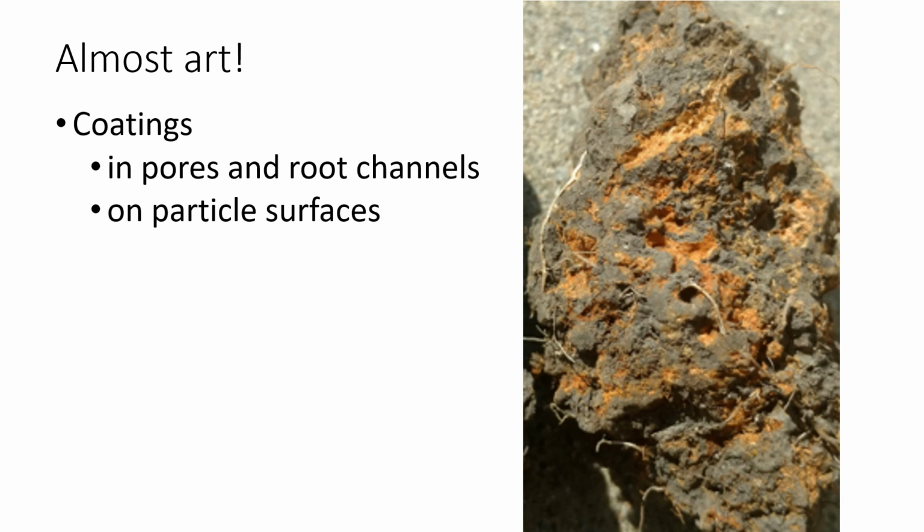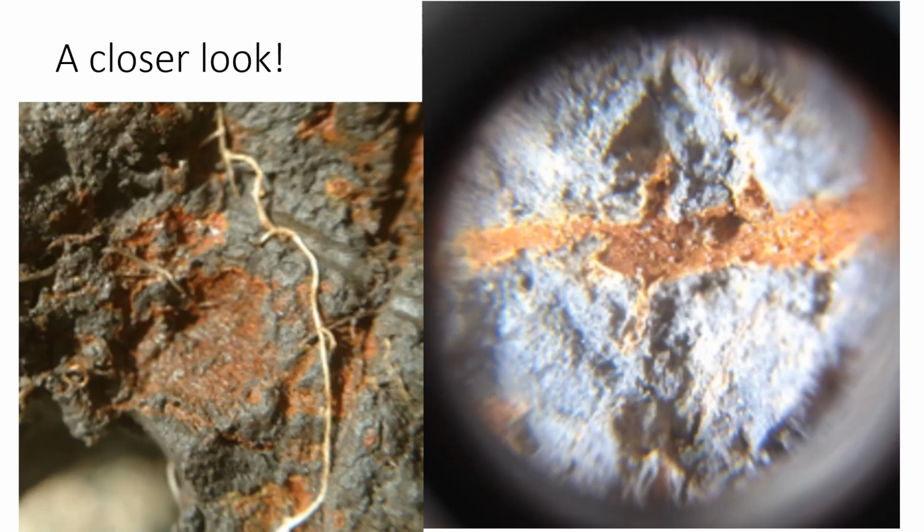Almost becomes art because the coatings are in the pores and in the root channels, and they're on the particle surfaces. So what you can see here, that's a root channel, and the oranges show up because oxygen goes into those channels and the soil kind of rusts.